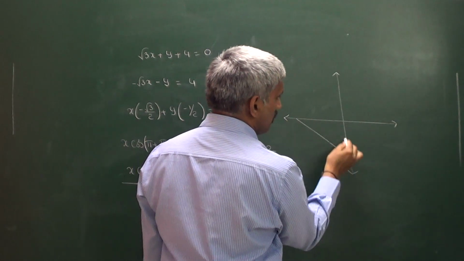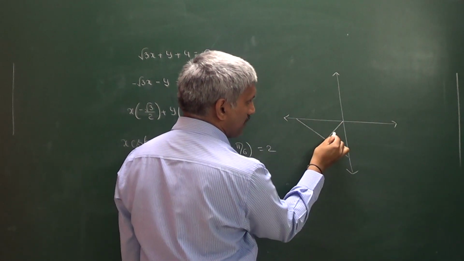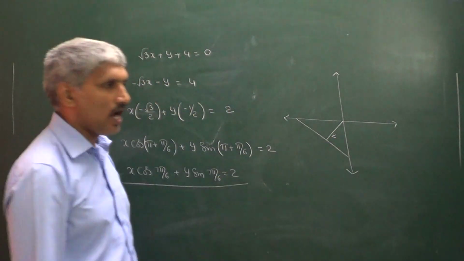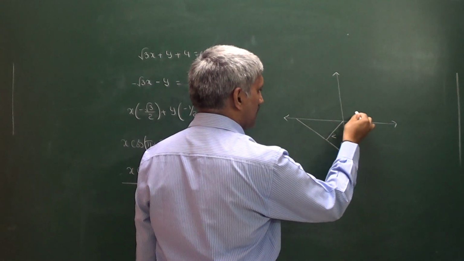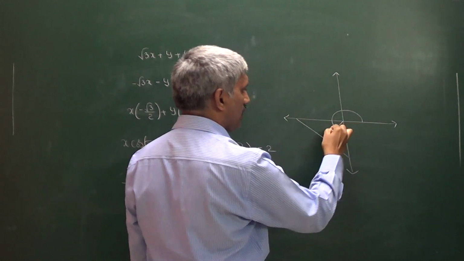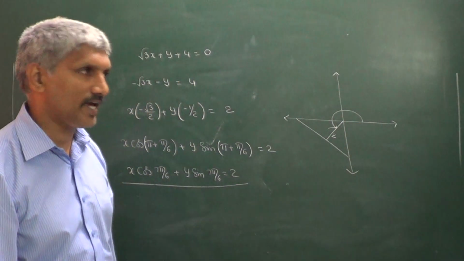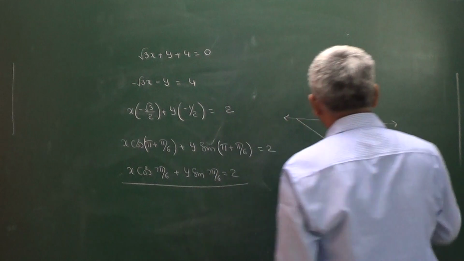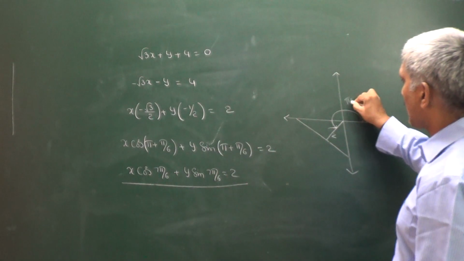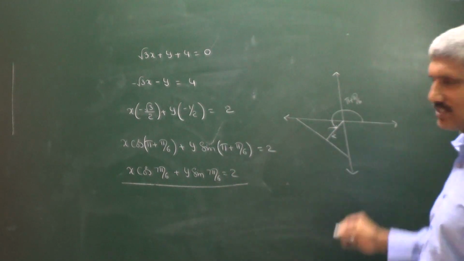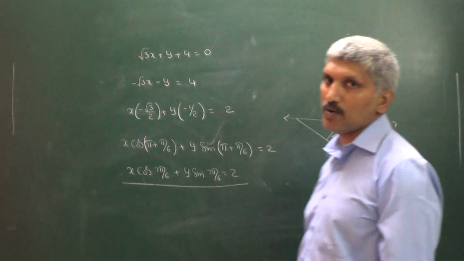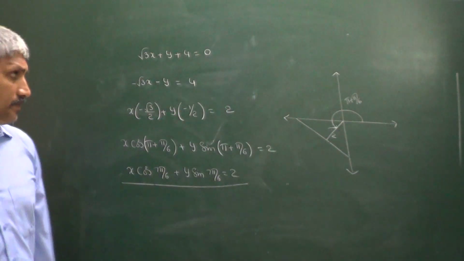This is the line from origin to the line. The perpendicular distance is 2, and this normal makes an angle alpha with the positive direction of x-axis in anti-clockwise sense. This angle is nothing but pi plus pi by 6. That is the normal form of the equation of a line.